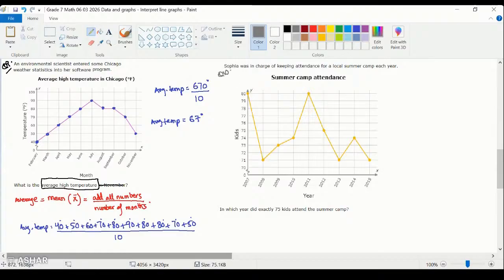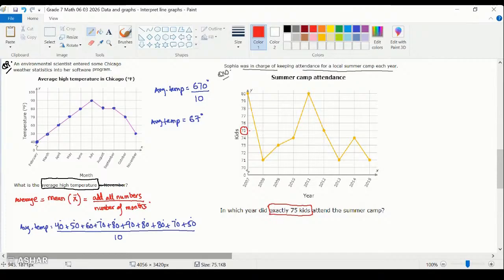Question number 10. Sophia was in charge of keeping attendance for a local summer camp each year. The question says, in which year did exactly 75 students attend the summer camp? Exactly 75. Let's see, where is 75? This is 75.